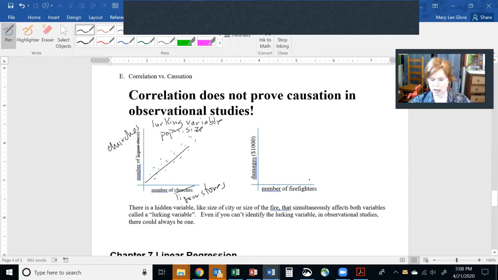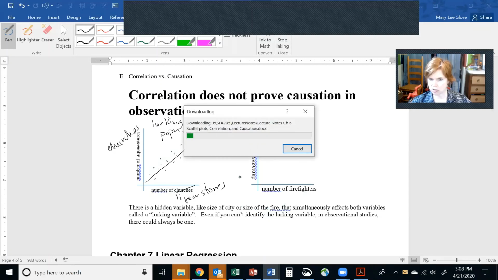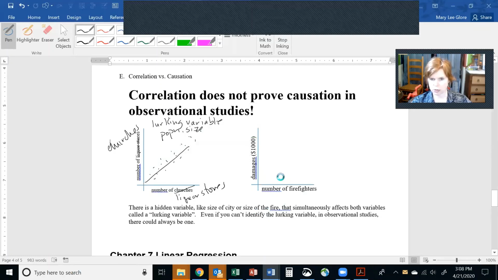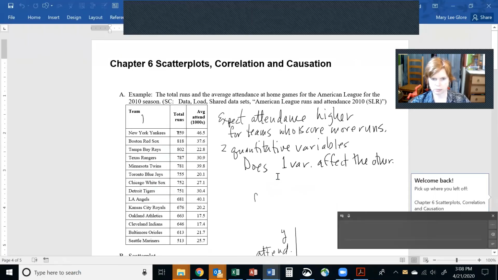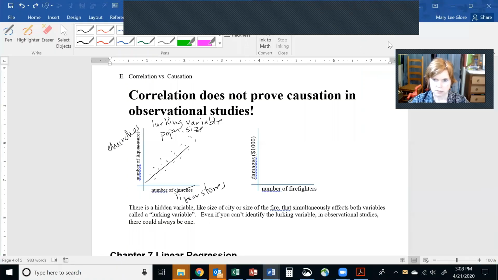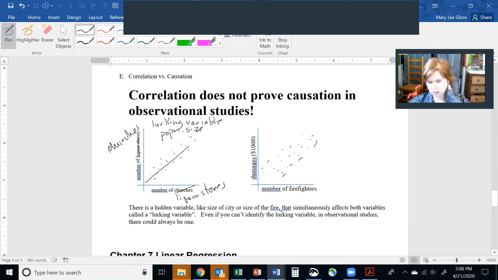The same over here, if I got some data on fires, and I counted the number of firefighters that show up and the damages to the house, this is also going to be a very strong linear relationship.